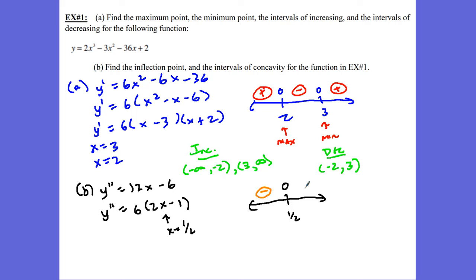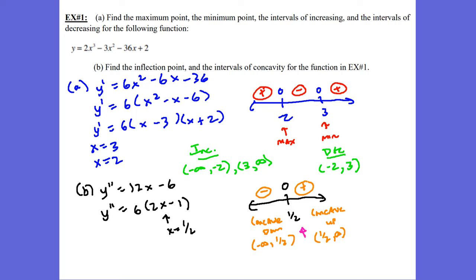If I plug in a point that's greater than 1/2, I get a positive value, which means we were concave down from negative infinity all the way to 1/2, and then we were concave up from 1/2 all the way up to positive infinity, which means I have what is called an inflection point right here at 1/2. And I would be able to construct my graph that way.